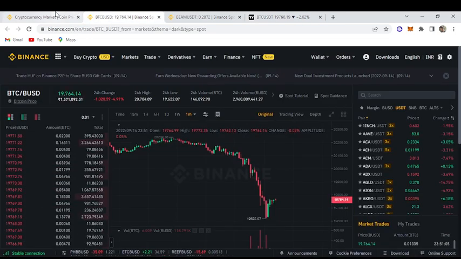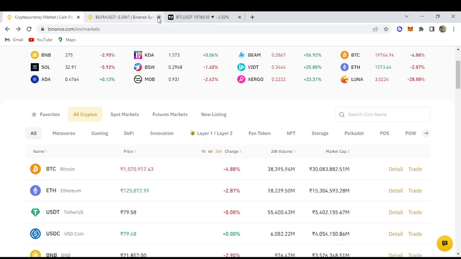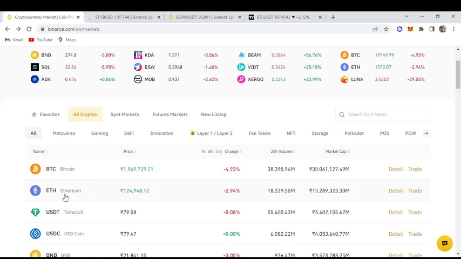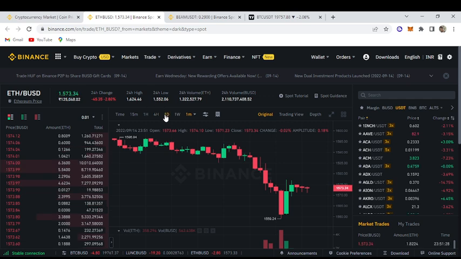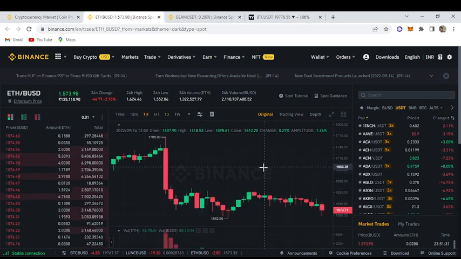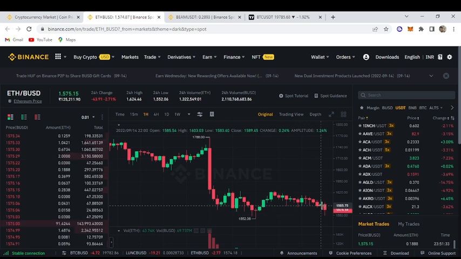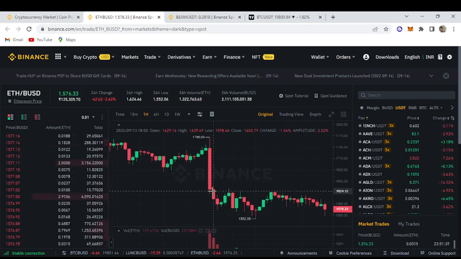So after BTC, there are other coins. Of course you can see as BTC started dumping, the other coins do too. The top coin for crypto is BTC, and the second is Ethereum. You can see on the 1 hour chart, look at this, it also dumped in this hour as BTC dumped.